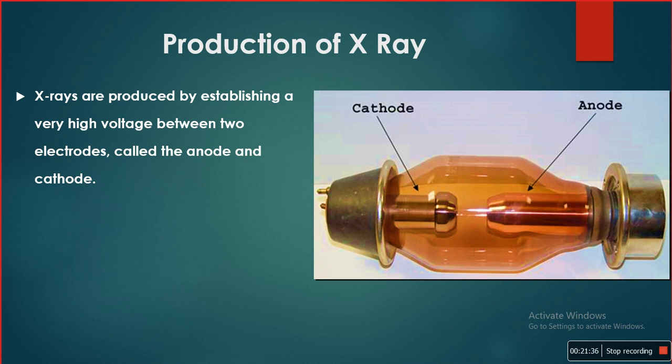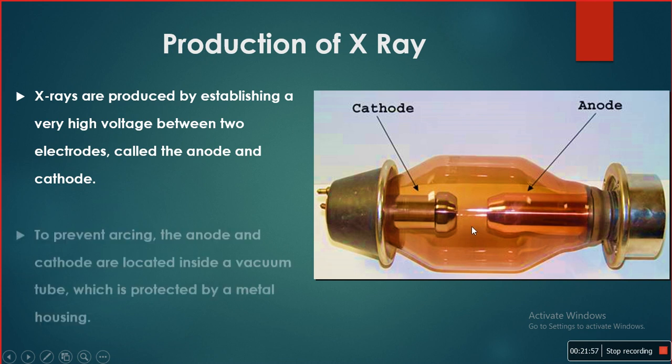X-rays are produced by establishing a very high voltage between two electrodes called the anode and cathode. If you concentrate on the image, one end is the anode, the other end is the cathode, and a high voltage is applied between these two and X-rays will be produced.